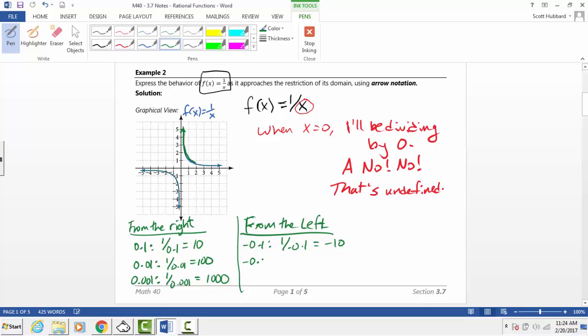And all of these numbers are the same except they're negative, which would be negative 100, and negative 0.001 would be 1 divided by negative 0.001, which is negative 1000. Okay, so that's why the graph from the left shoots down to negative infinity, and from the right it shoots up to positive infinity. So we call that a vertical asymptote, and so this has a vertical asymptote at x equals 0.